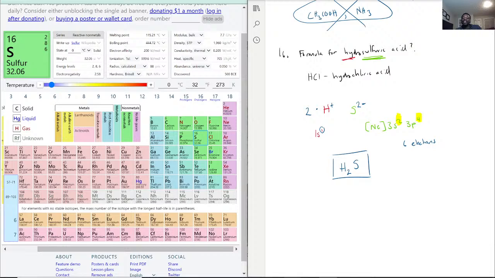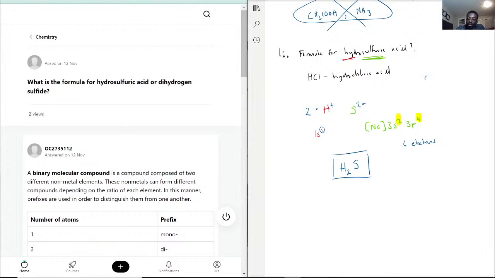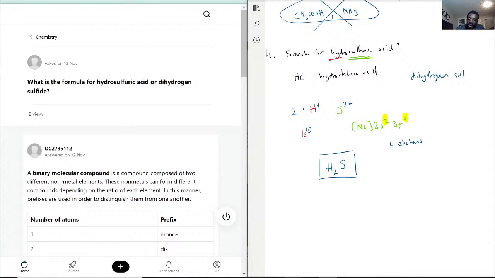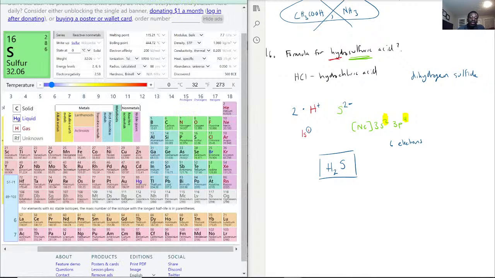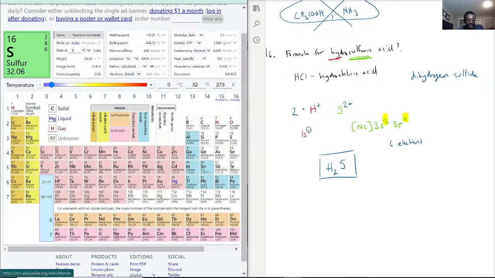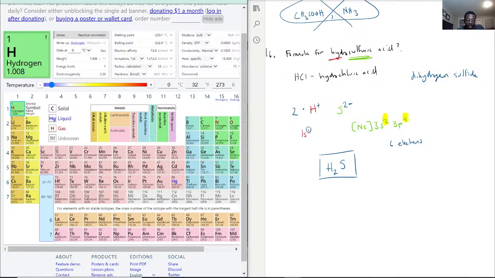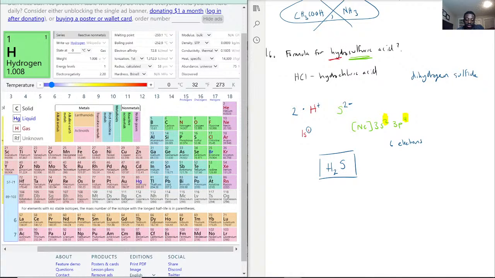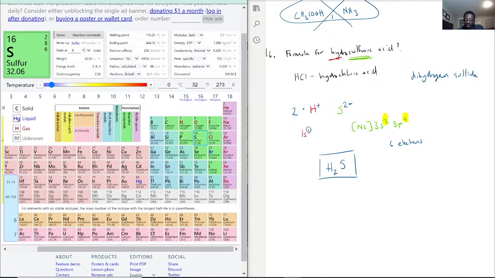But I did use a hydrochloric example to answer that. What if we were given another name, as the question also asked? Dihydrogen sulfide, which is technically the name they have to give because when you notice on the periodic table, hydrogen is a non-metal and sulfur is also a non-metal.